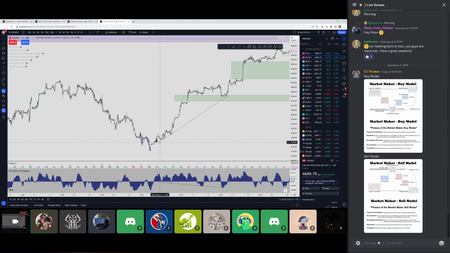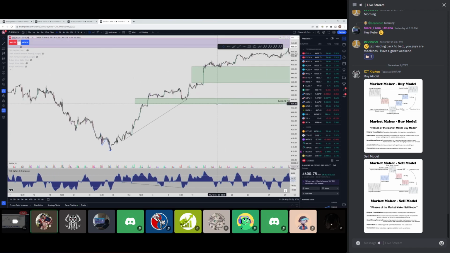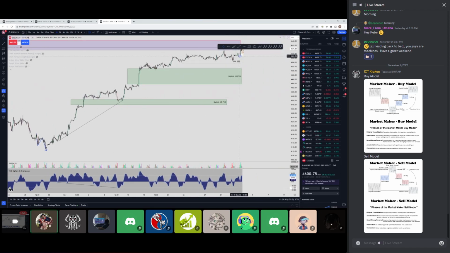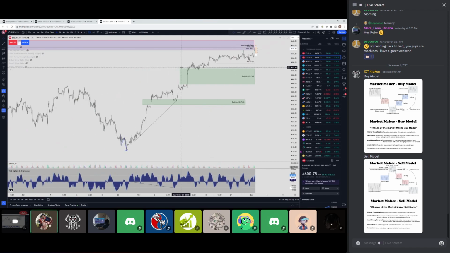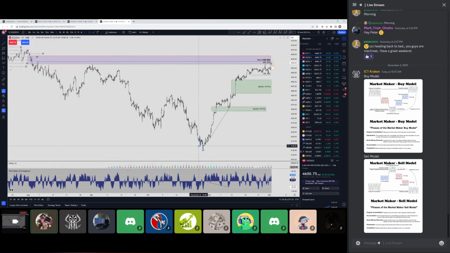I'm not using it, I'm just going back and looking at things and running tape on it. But to me, on this 1 hour chart, this started a buy model: consolidation, expansion up, consolidation, and then the final leg, which we just ended this week, to finish this whole move from that area.